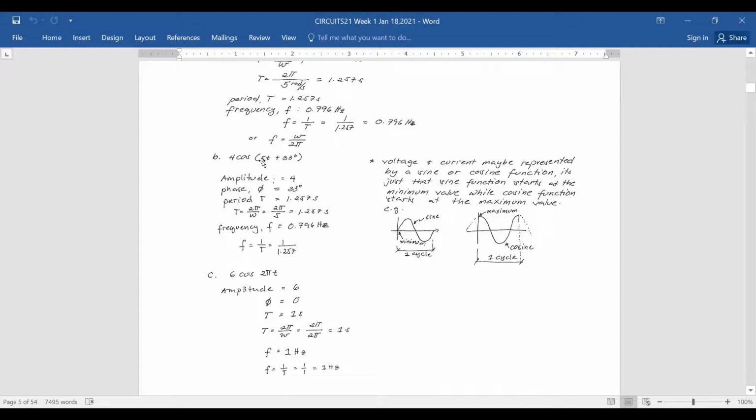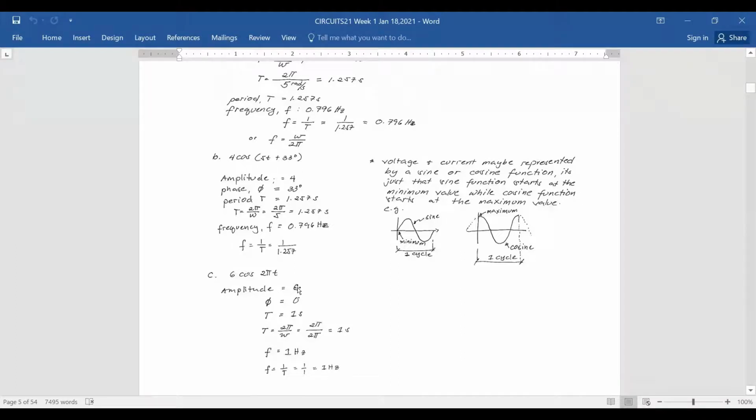So 2 pi over 5 is 1.257 seconds. And the reciprocal of this is 0.796 hertz, cycles per second, or simply the hertz, for the unit of our frequency F.